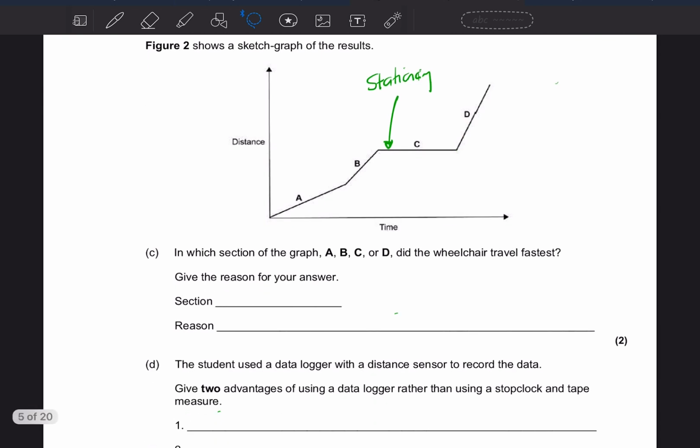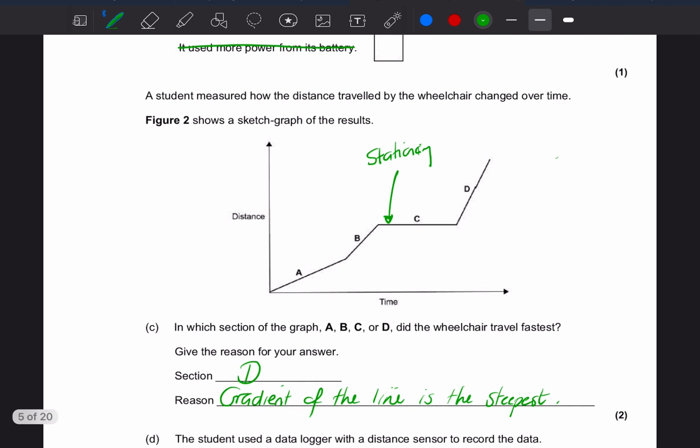So it's going to be D. The reason why is because the gradient of the line is the steepest.